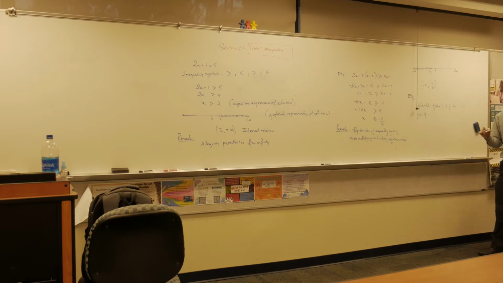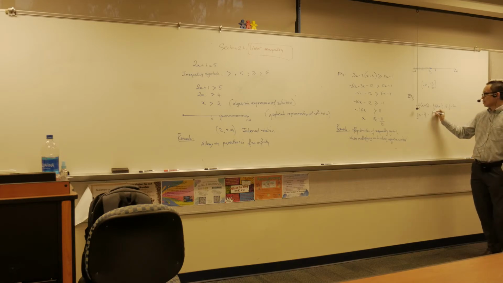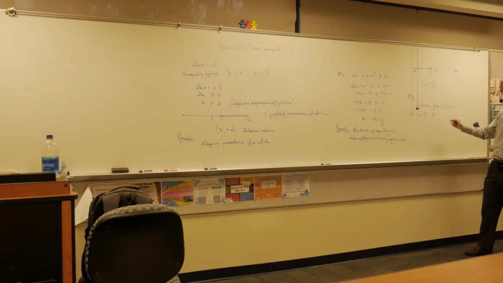Just imagine you have 4 over 3 times 2 over 1, which gives you 8 over 3. Negative 4 over 3 times 1 is negative 4 over 3. If you don't know how to multiply fractions, then we cannot do this. We just can't. So 2 over 5 minus 2x.